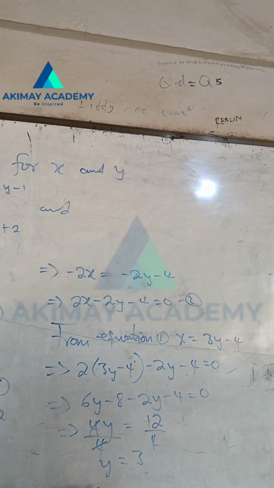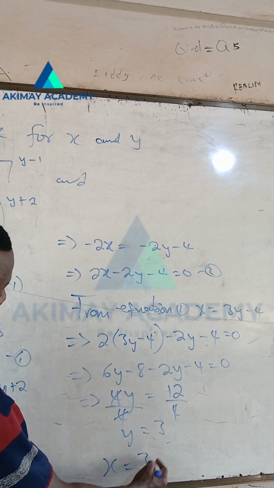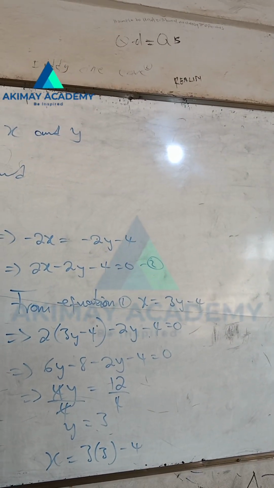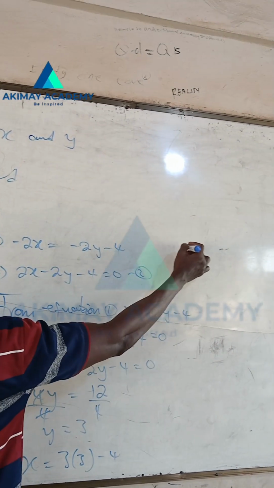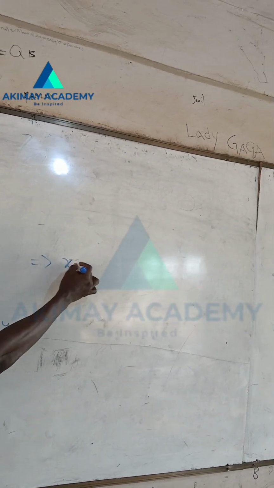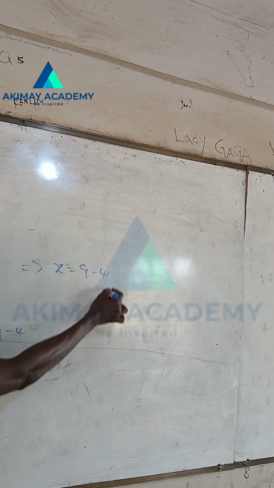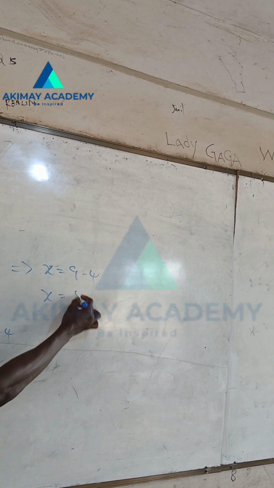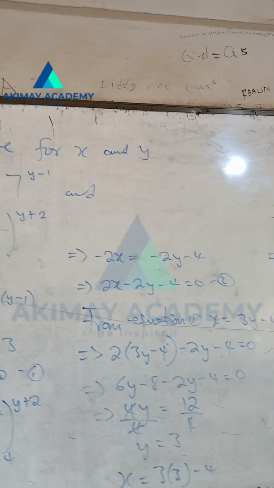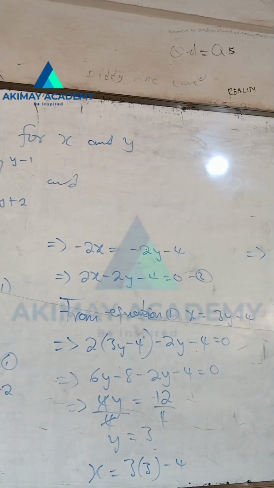So we have x to be equal to 3 multiplying 3 minus 4. And this is going to give us 9 minus 4, where our x is equal to 5. So this is the solution for our x and y.